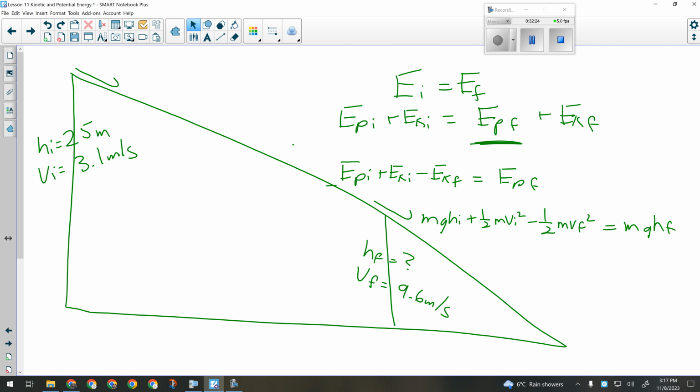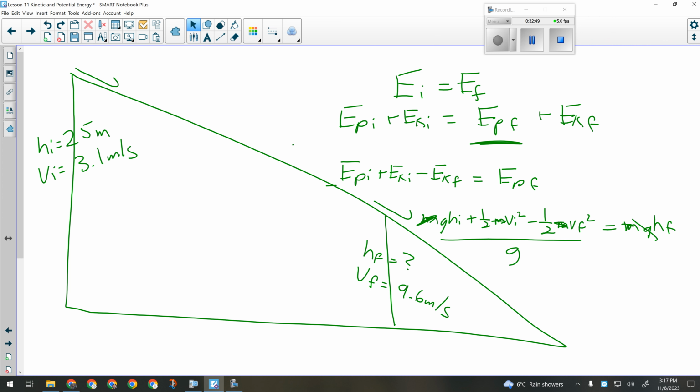Yes. What am I not given? Mass. Does it matter? No, it's in every term. Okay? Doesn't make any difference, so I can cancel it. All right, all I want is HF. What do I do with G? Divide both sides by G. All right, plug in my numbers and solve.